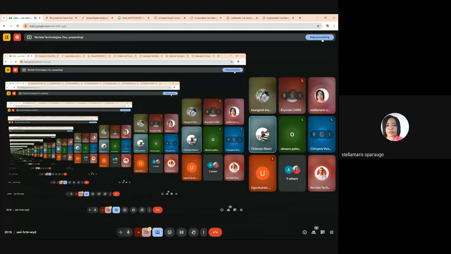Those of us with phones, we can't see when we click. Do this: I'm going to make it bigger. Hold on, let me make it big.